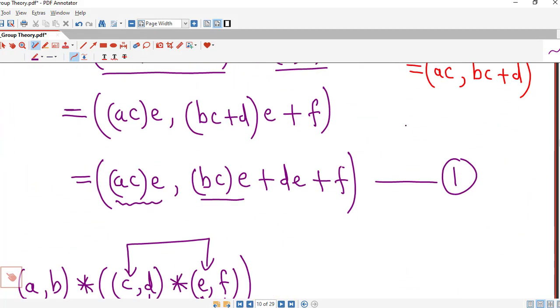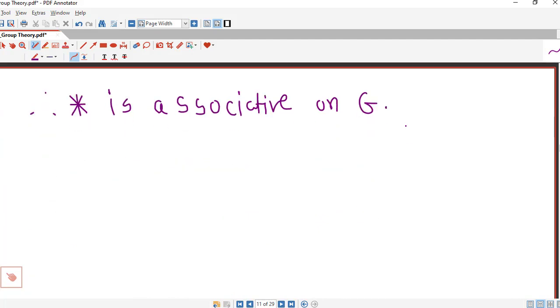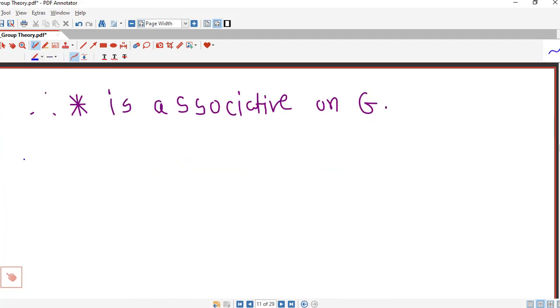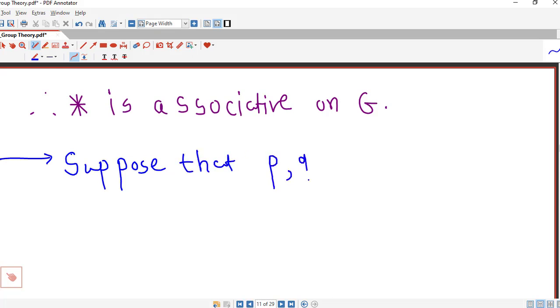Now the next property is we have to check what is the identity element. So now we don't know what will be the identity element in this set G. So we assume some ordered pair. Suppose we consider, say, (P,Q) to be an identity.